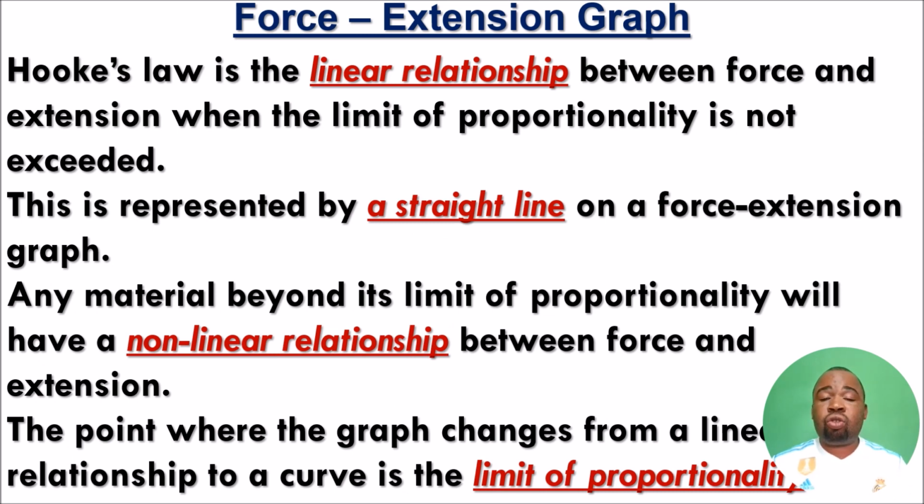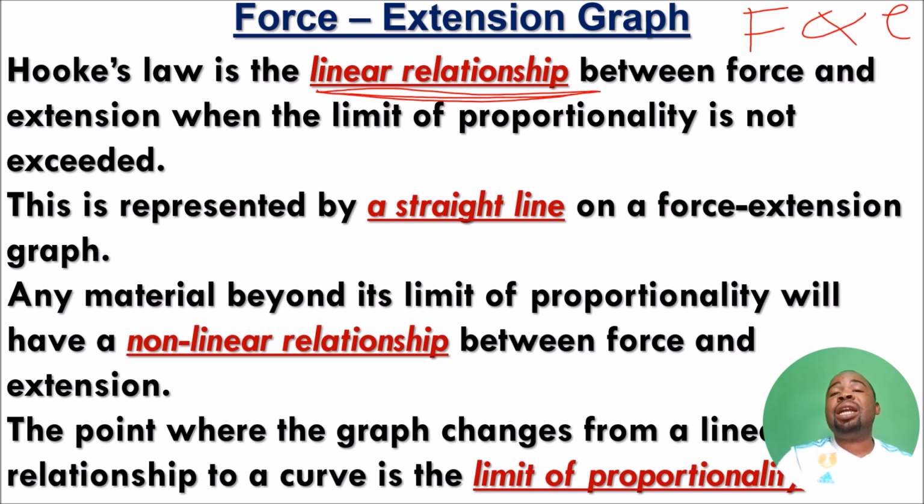We said Hooke's law specified that force is directly proportional to the extension. In our previous class, we said force is directly proportional to the extension. Then we emphasized that Hooke's law is dealing with a linear relationship between force and extension.